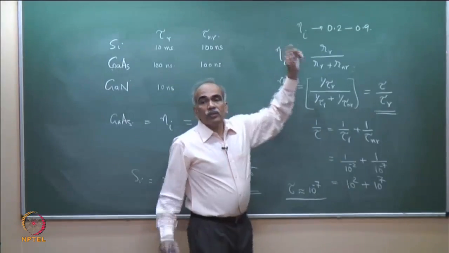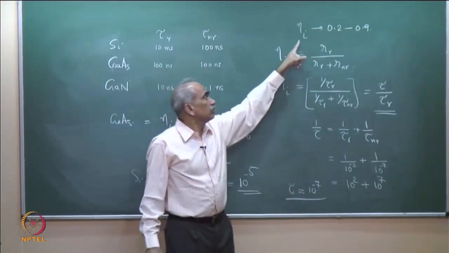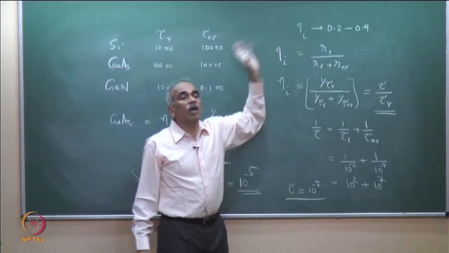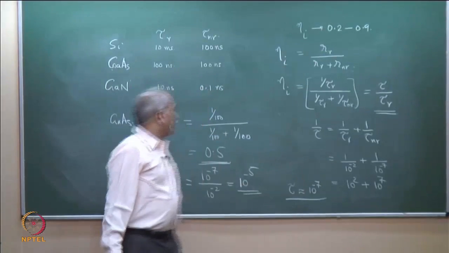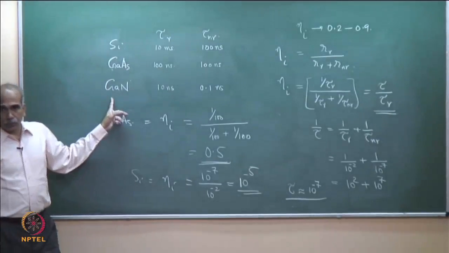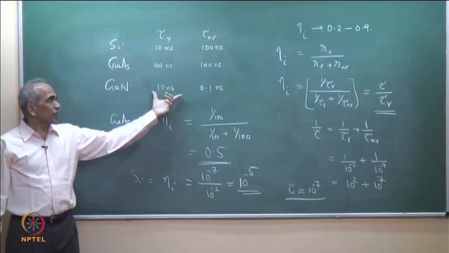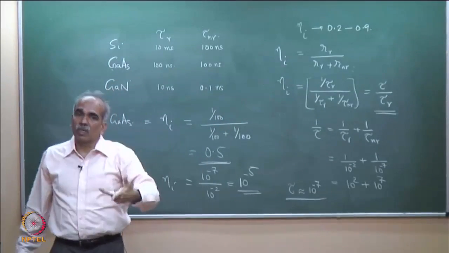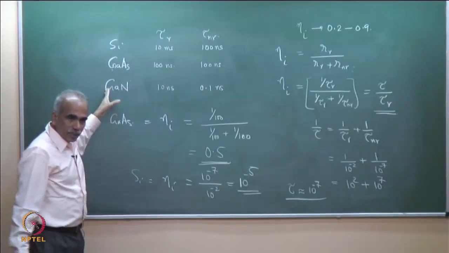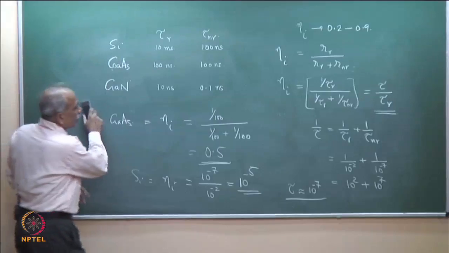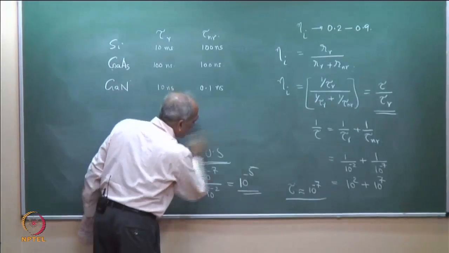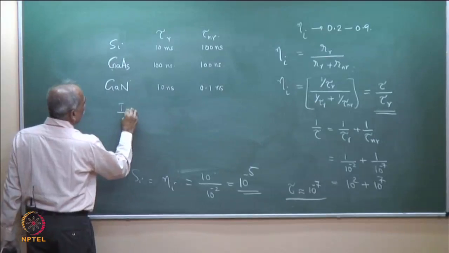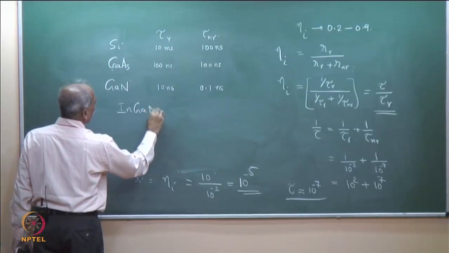If we want to realize a source, we should choose a material which is direct band gap, which has a large eta I. Incidentally, gallium nitride is also a direct band gap material, but this does not have a large eta I. Therefore, whenever sources are made, this is a wide band gap semiconductor. When people make sources, like for the blue LED, it is indium gallium nitride which is used, the ternary compound indium gallium nitride.